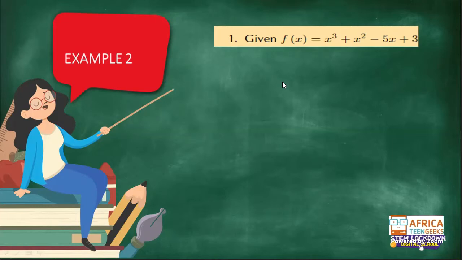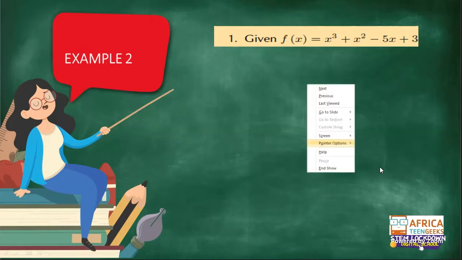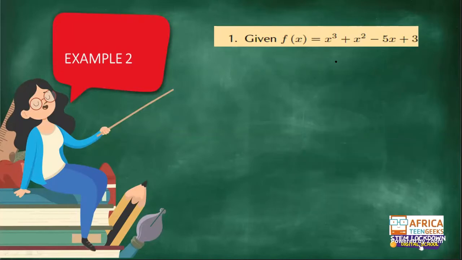Let's say you wanted to try grouping in this case. So if you were to try grouping, if you look at these two terms and the last two terms, the ratio is different, okay? So using grouping would not be possible, okay?